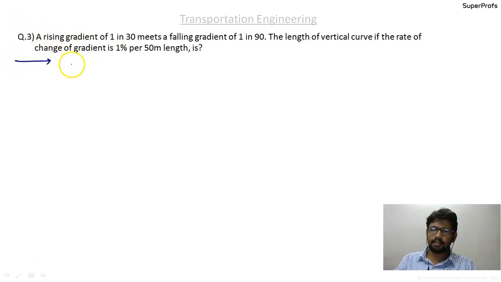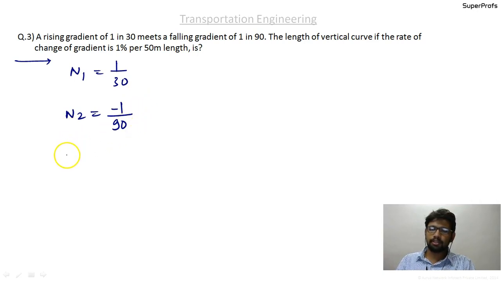So the next question is that a rising gradient of 1 in 30 meets a falling gradient of 1 in 90. Find the length of the vertical curve if the rate of change of gradient is 1% per 50 meter length.